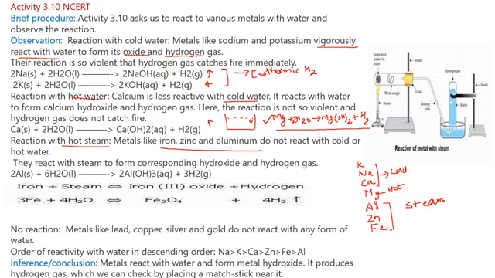Aluminium oxide and hydrogen gas will be released. Here they have written aluminium hydroxide, but in your book, they have written aluminium oxide. So I'll just cut it and I'll write Al2O3, aluminium oxide is formed and hydrogen gas is released, and we need to balance the equation.